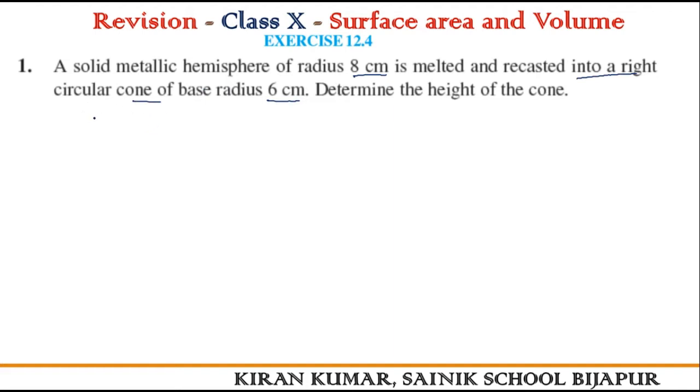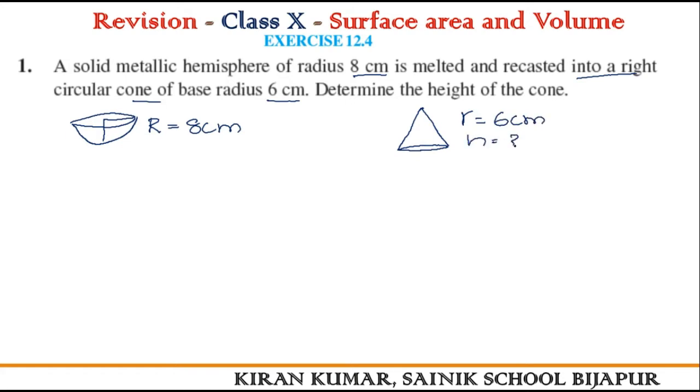One of them is a hemisphere and the radius of the hemisphere is given as 8 cm. Let me mention the radius to be capital R, 8 cm. One more is a right circular cone and the base radius is given as 6 cm. We have to find out the height.